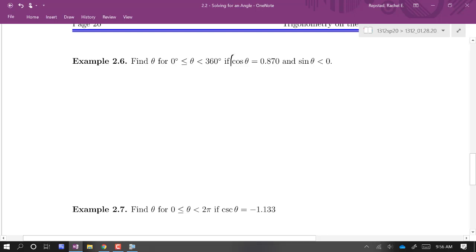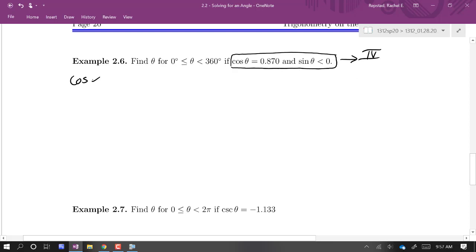Yeah, right, so there's 2 quadrants where cosine is positive. There would be quadrants 1 and 4 on the right side. But if we also know that sine is negative, where does that put us? Yeah. So we only need one angle this time.